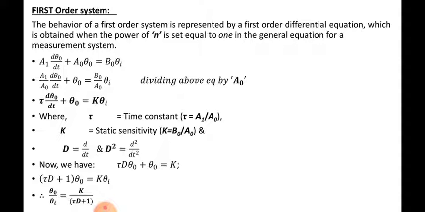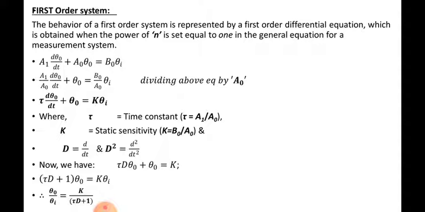By dividing the above equation by a0, we obtain a1 by a0 multiplied by d theta o by dt plus theta o equal to b0 by a0 into theta I. Here a1 by a0 is represented by tau, and b0 by a0, as in the zero order system, is defined as the sensitivity constant k.